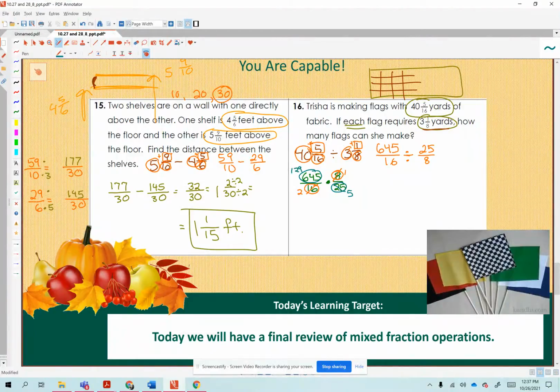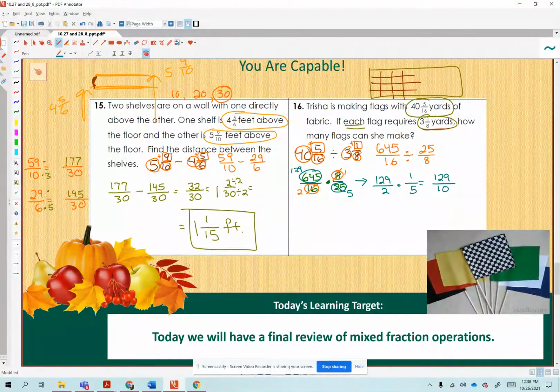We're getting those numbers smaller and smaller. So let's rewrite our problem, which is now 129 over 2 times 1 over 5. Now we're ready to multiply. 129 times 1 is 129, and 5 times 2 is 10.